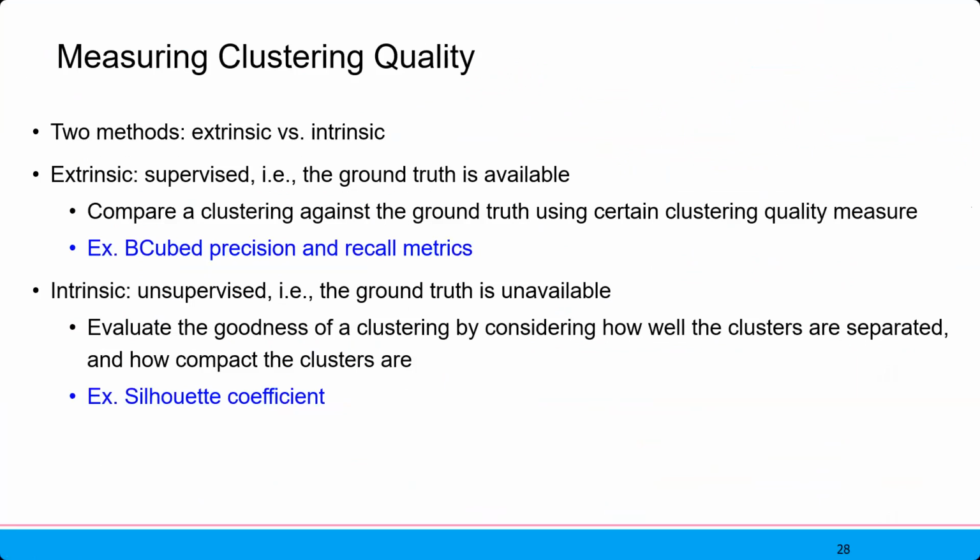In clustering quality, there are two methods, extrinsic and intrinsic. The extrinsic means supervised, or the ground truth is available. What does it mean?